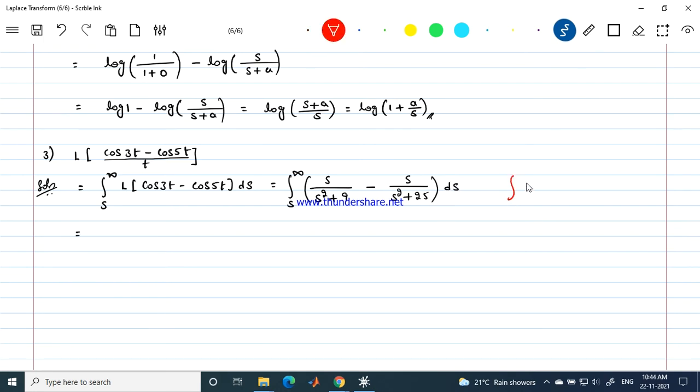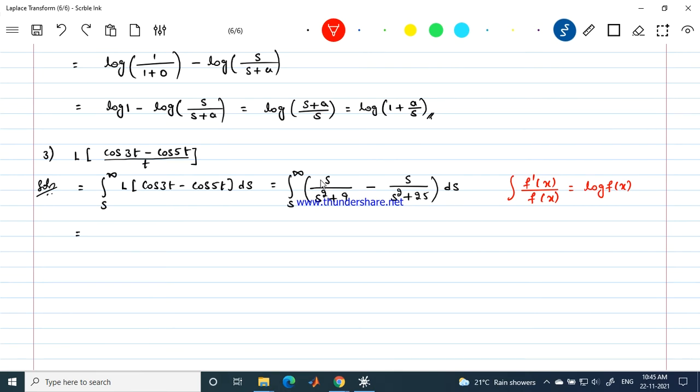Here we will use the integration of f dash of x by f of x. That is, the numerator is the differentiation of the denominator. It is given by log of the denominator. The differentiation of s square plus 9 is 2s. The differentiation of s square plus 25 is also 2s.